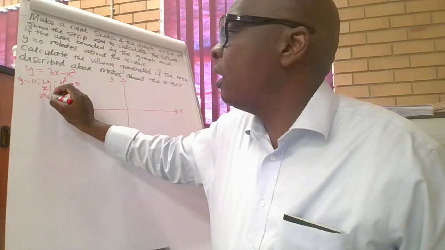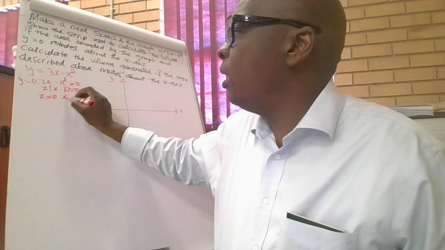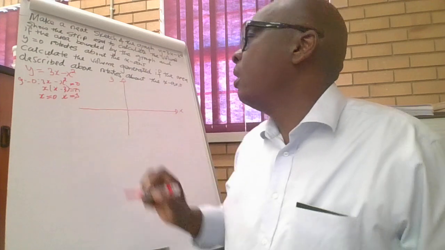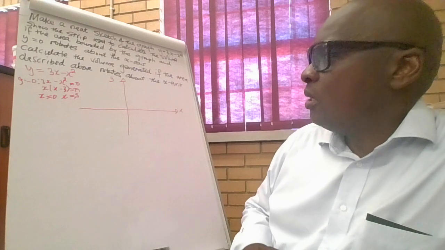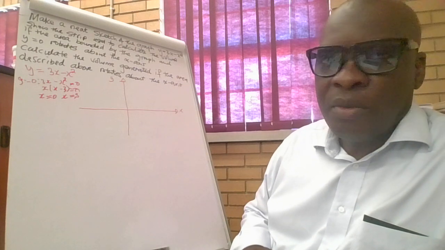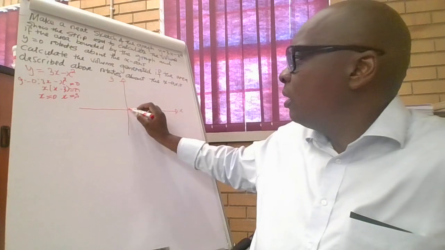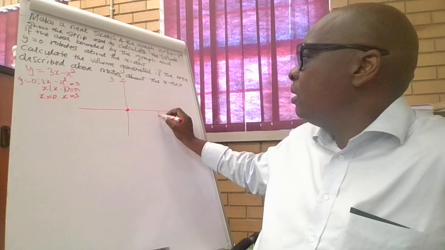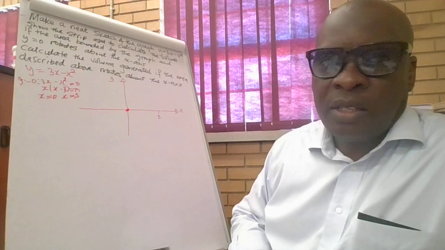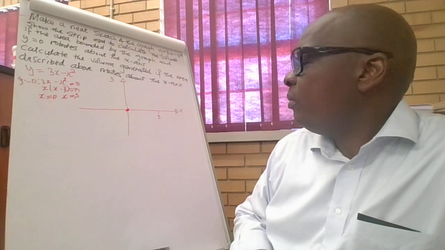That means either x is equal to 0 or x is equal to 3. So I know this graph passes through the points x is equal to 0 and x is equal to 3, which, if this is my origin, is this point 3 on the x-axis.